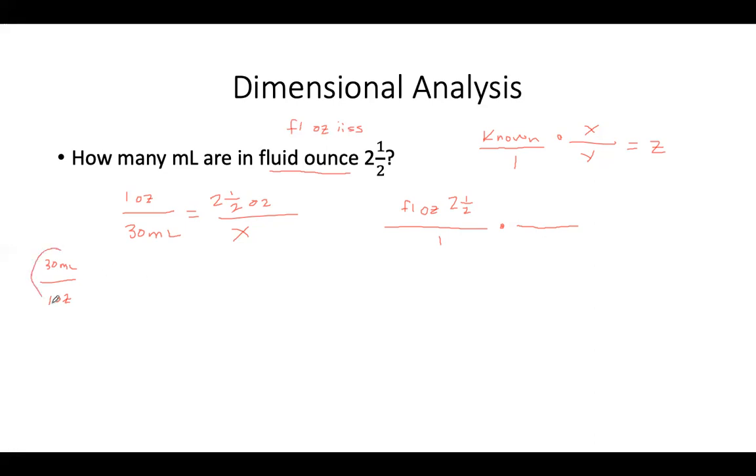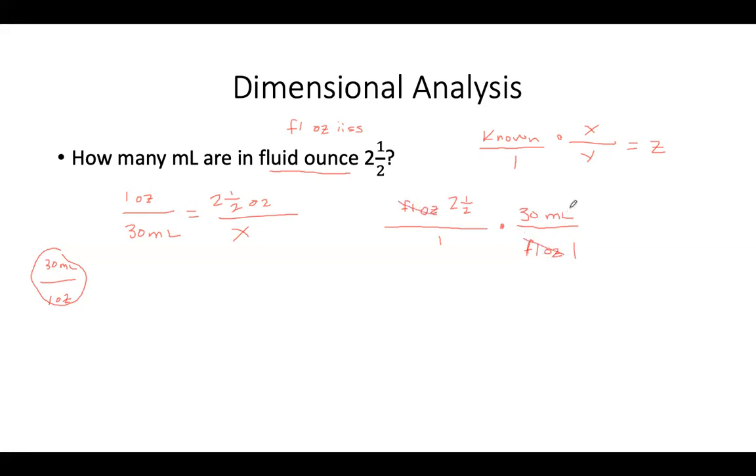So we're going to choose this one: 30 milliliters over 1 ounce, or I guess I should say fluid ounce 1. And the reason for that is whenever you're multiplying two fractions together and there is a certain unit on the top of this fraction and a certain unit on the bottom here, they cancel each other out.